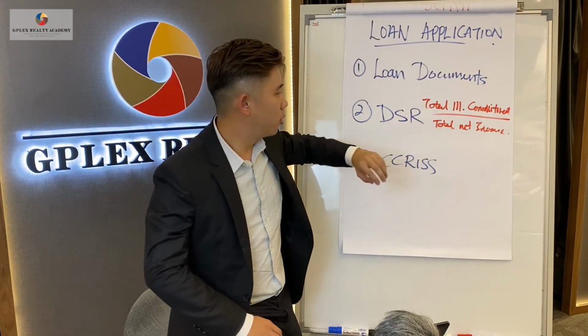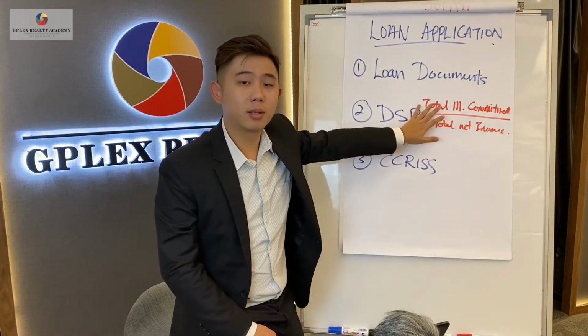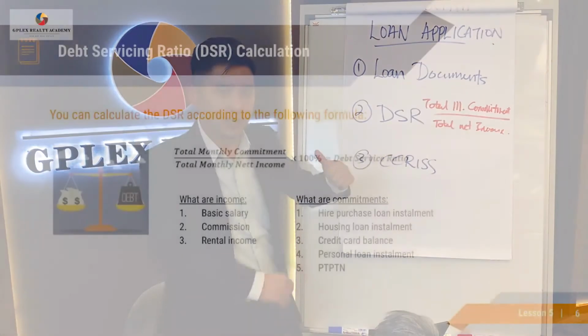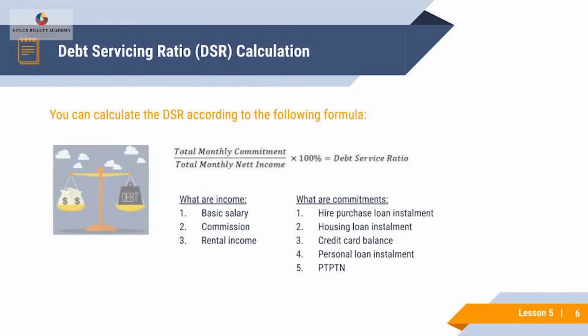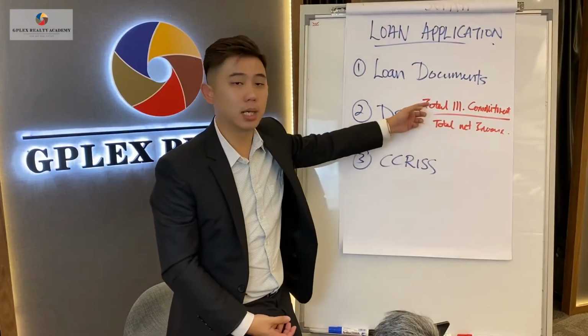Okay, so what are the commitments we consider here? First, your housing loan, and then your hire purchase, your car loan, your personal loan, all right, your credit card. If you are using any credit card, yes, it's your commitment as well. And then your PTPTN, all right.